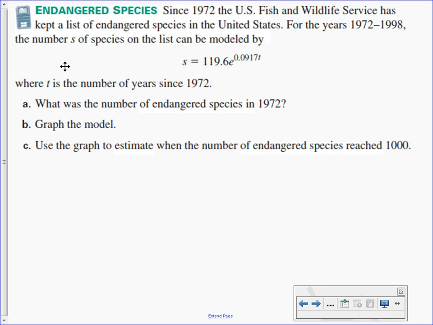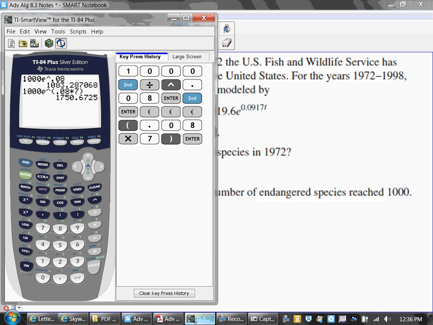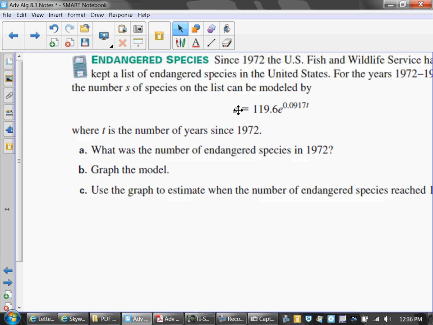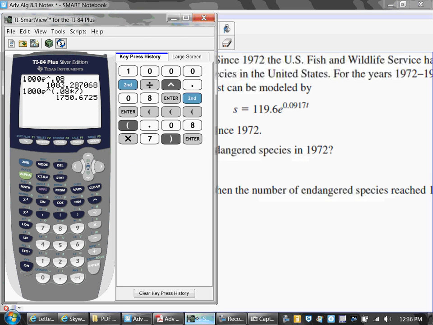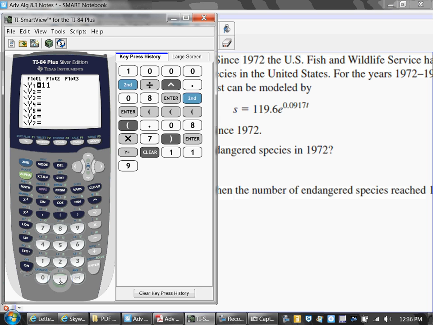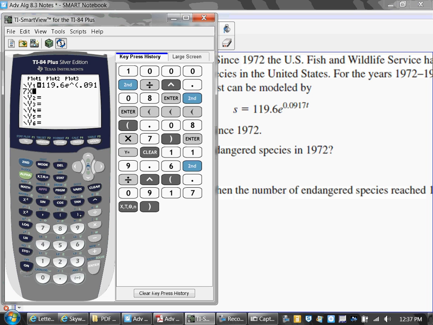So what I want you to do is put this into your graphing calculator: 119.6 e to the 0.0917x. And go to your table.